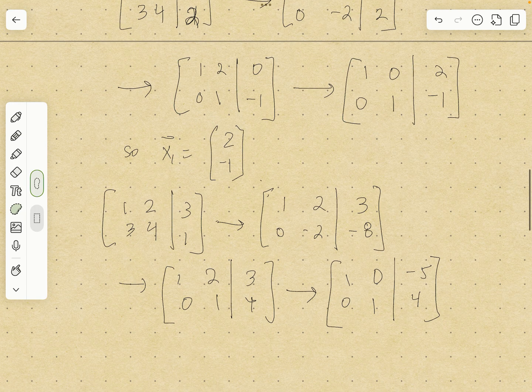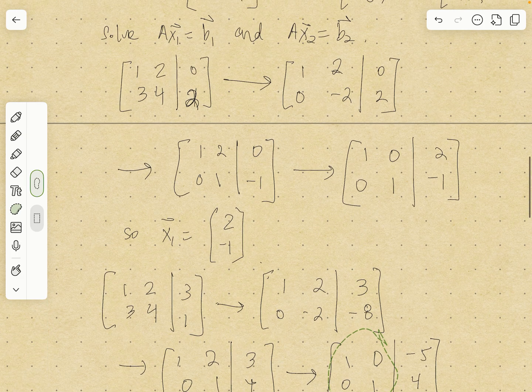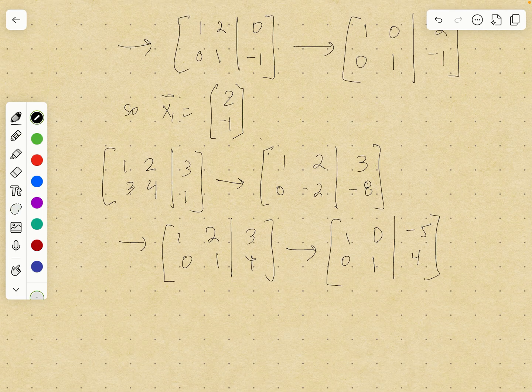And it's the exact same thing for the second one when you had the b2, because the only difference between the first one and the second one was that b1 and b2 were different, right? And so of course you're going to get a different x2, so x2 is going to be (-5, 4). But what we did to the A part was exactly the same.